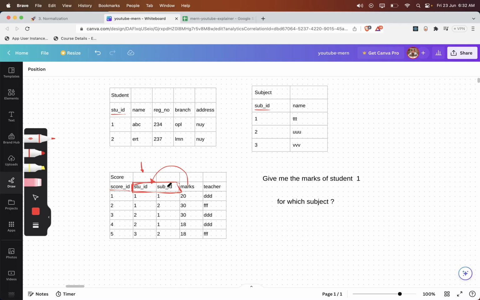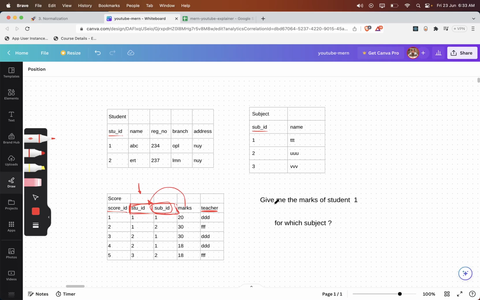Student is not required in that case. For a particular subject, who is the teacher? Which means teacher is not dependent on the student ID, but only on the subject ID of this combination. Teacher is only dependent on this part and not this part. This is the partial dependency.